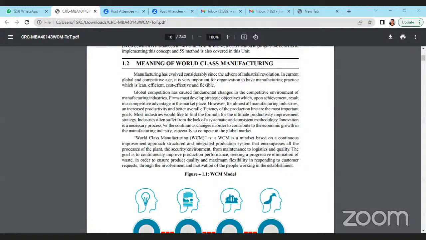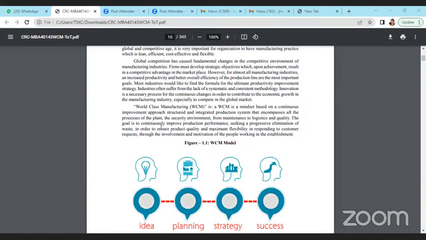It is called fundamental. There are changes in the competitive environment wherever manufacturing industries operate. So in order to become successful and overcome the competitors in the manufacturing industry, the organizations or firms have to develop certain strategic objectives for achieving results and competitive advantage in the marketplace.